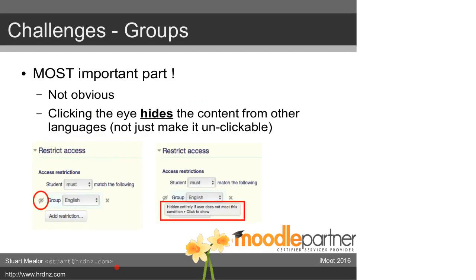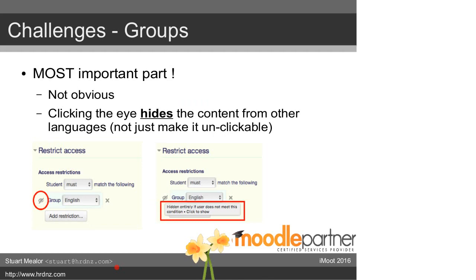But, and this was a key bit that we discovered, and it wasn't immediately obvious, there's a little eye icon next to that group option, and there's a tooltip that only appears when you put your mouse over it, and it says if you click this eye, it will completely hide this section from people not in this group. So it doesn't just grey it out and say it's not available, which is a typical thing that you might see in a course.